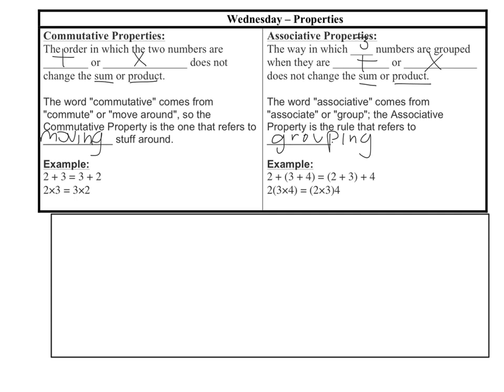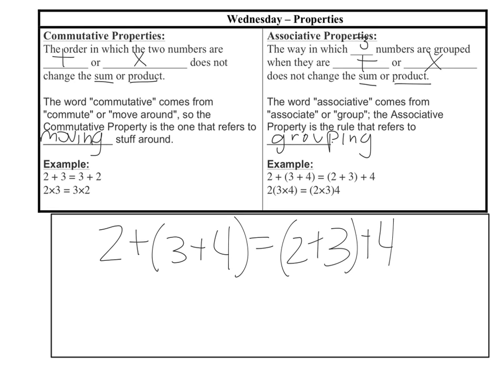So I have 2 plus parentheses 3 plus 4 should equal parentheses 2 plus 3 plus 4. Well, we've learned in order of operations to always solve what's in the parentheses first. So 3 plus 4 is 7, plus 2 is 9.